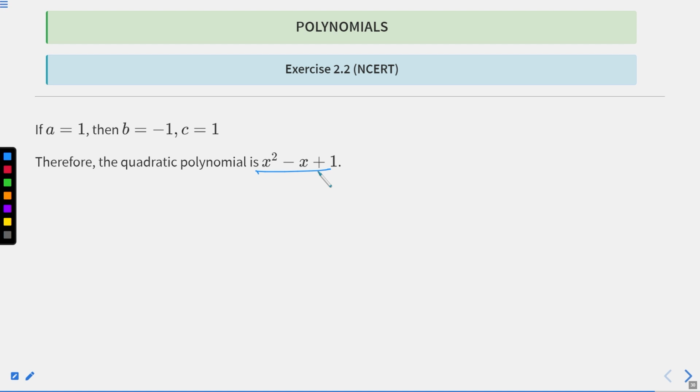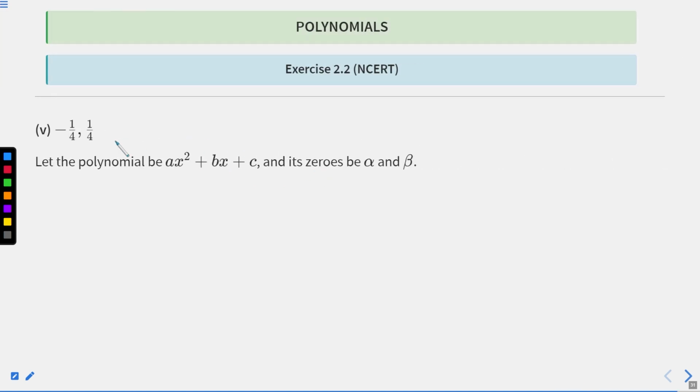Okay, so now move to question number 5. So in the fifth we have given the sum of its zeros is -1/4 and the product of its zeros is 1/4. Okay, so here we let the polynomial be ax square plus bx plus c and its zeros be alpha and beta.